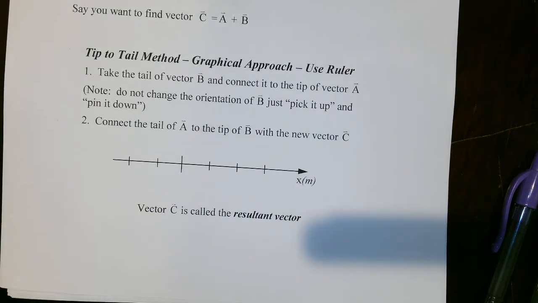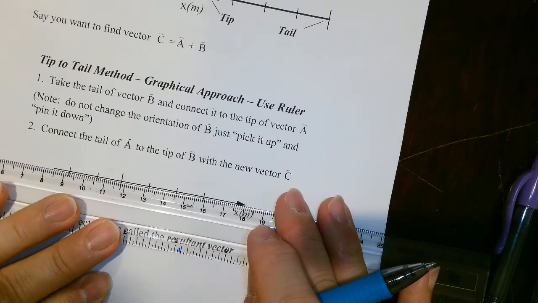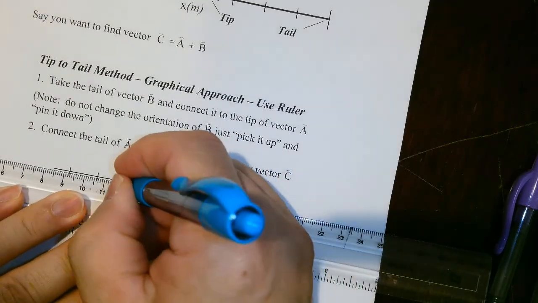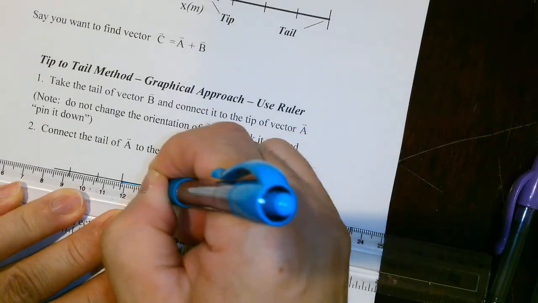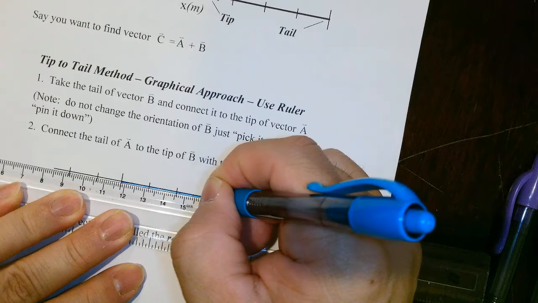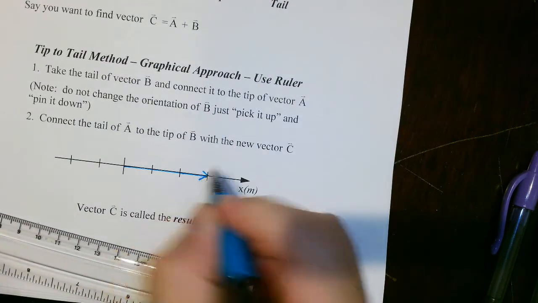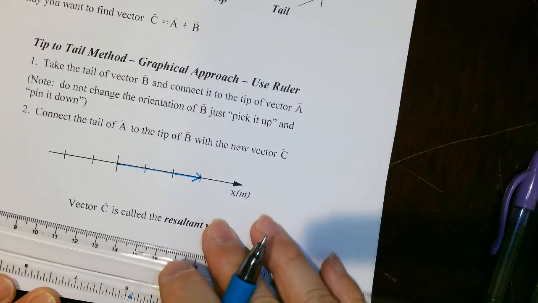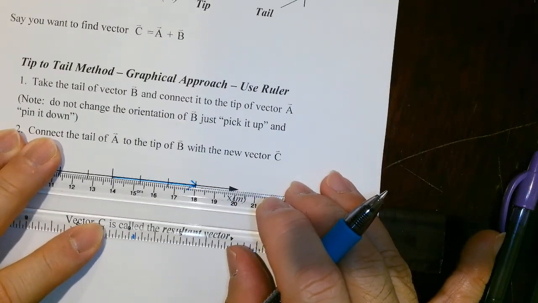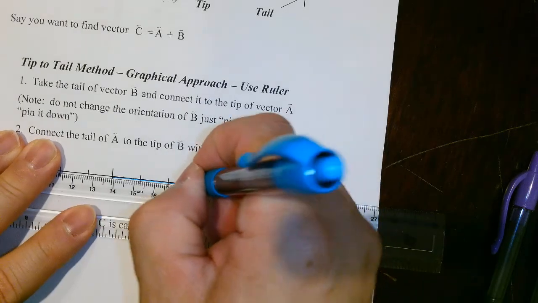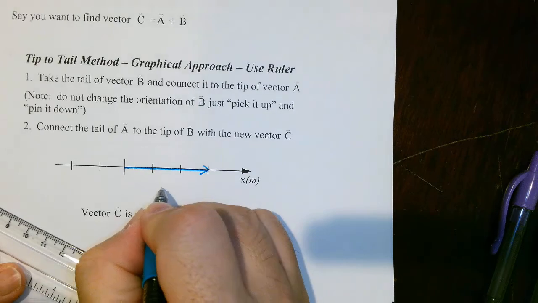So let's draw the A vector from my origin. I'm going to draw 3 meters along the positive x direction. It's kind of hard to see because I drew it right over the axis, so maybe I could put it slightly down so you guys can see the colors better. All right, so here's my A vector.